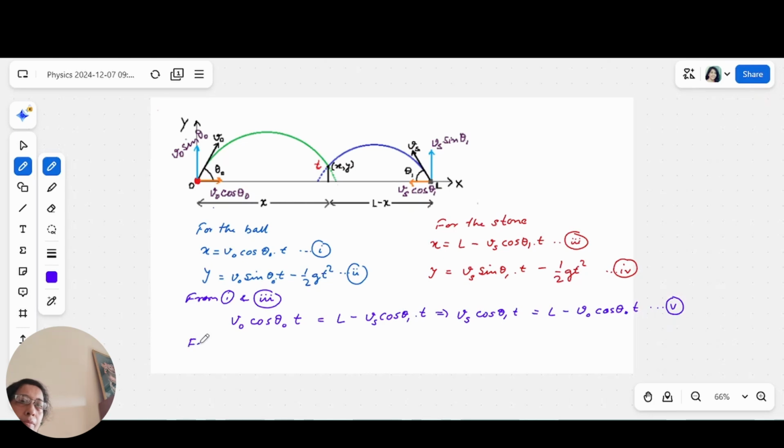Then from equations 2 and 4, V0 sin theta 0 t minus half g t square will be equal to Vs sin theta 1 t minus half g t square.